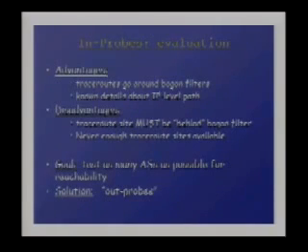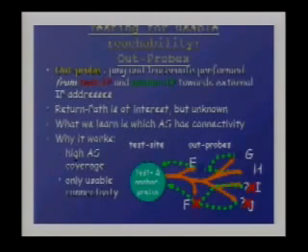So the goal is to test as many ASs as possible for reachability. We'd like to know how well we're actually covering those edges. So the solution is outprobes. With outprobes, you ping and traceroute from the test site to the edge. The return path is of interest.